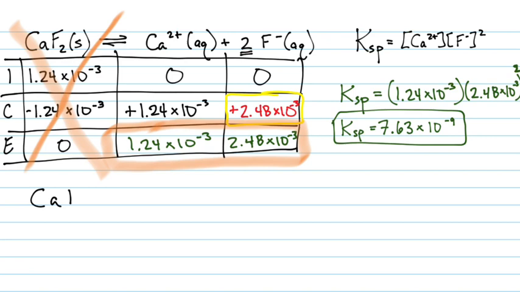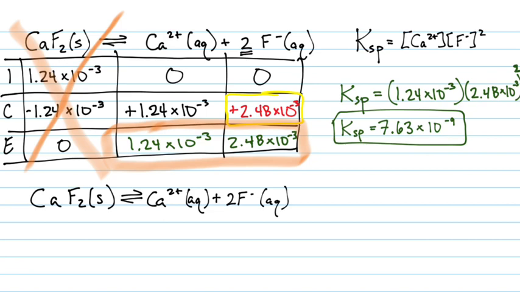We're still going to have the calcium fluoride on the left. We're going to write its solution equation. And once you get the pattern down for these problems, it's kind of just formulaic. You learn the formula for it. They're pretty quick and easy to solve.